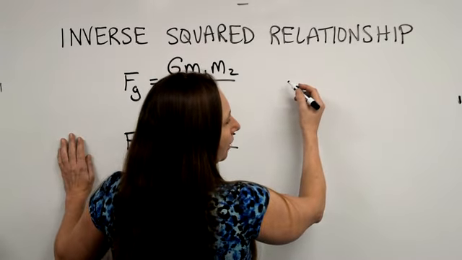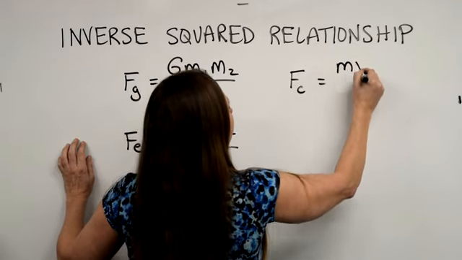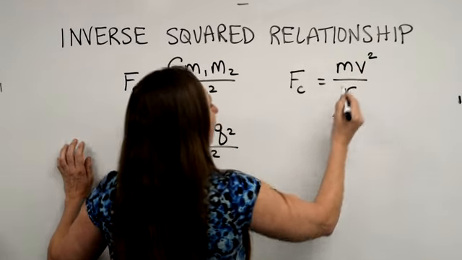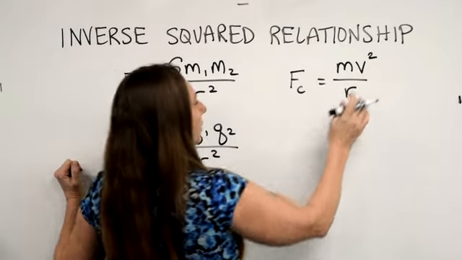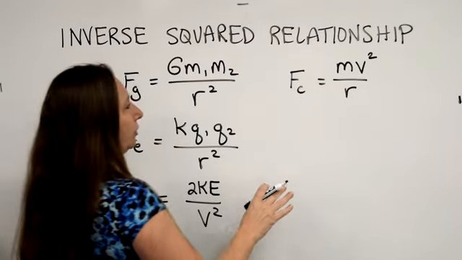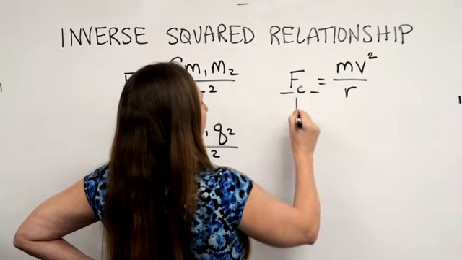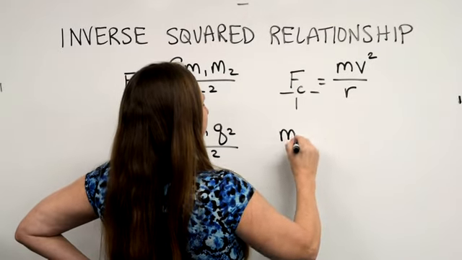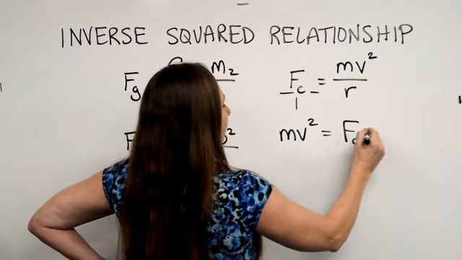So we could also have, if centripetal force is mv squared over r, we'd like the v squared to be on the bottom so we can clearly show an inverse relationship. So I'm going to cross multiply. It's going to be mv squared times 1 equals centripetal force times r.